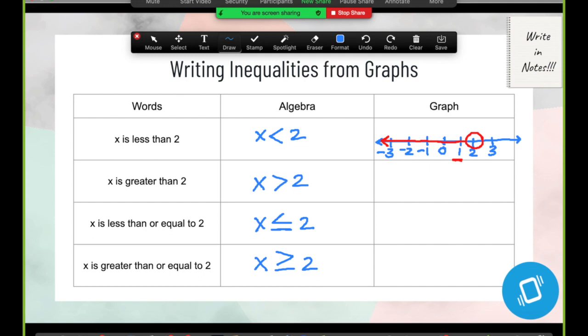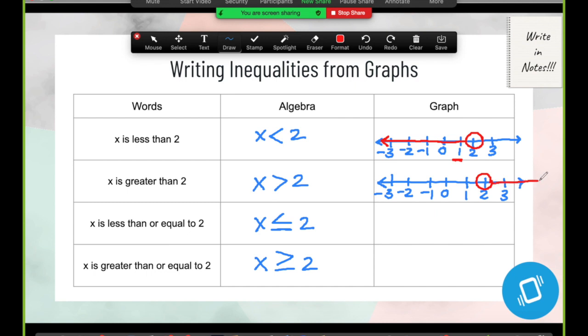Let's look at the other statement that we have here, where x is greater than 2. So I have 0, 1, 2, 3. On the other side is -1, -2, and then -3. So in this case, we start at 2 with the empty circle, and we're saying that x is greater than 2.